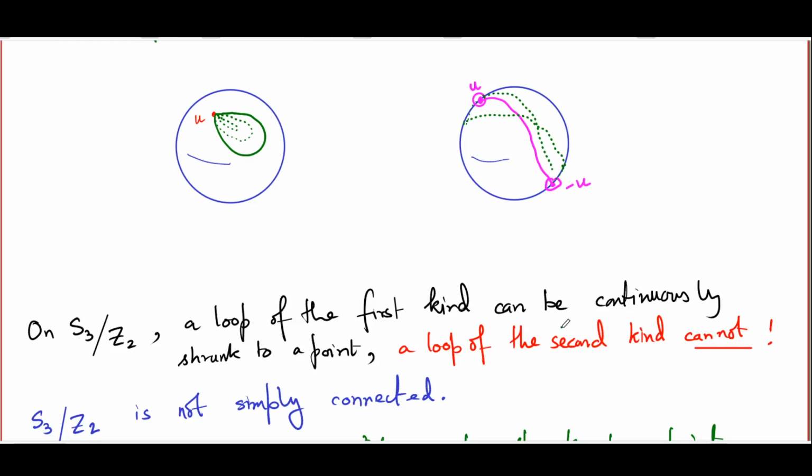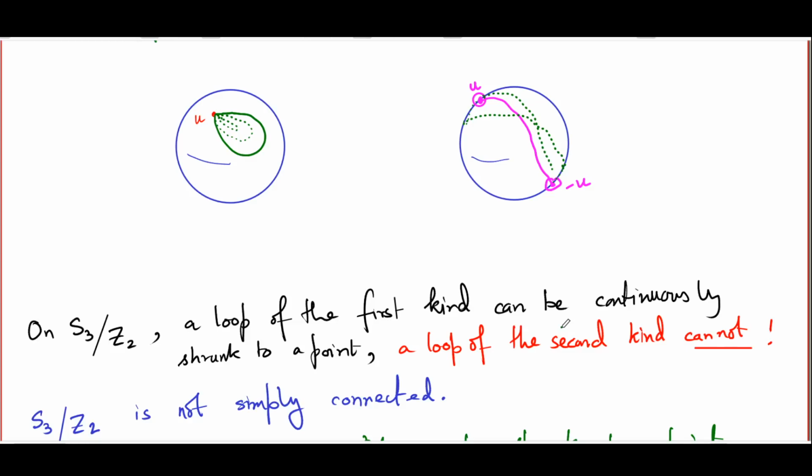That's obvious for loops of the first kind. After all, a loop which is traversed once and can be shrunk down to a point can also be traversed twice, and each one of the individual traversals can be shrunk down to a point. So basically you end up with a doubly traversed loop shrinking down to a point.